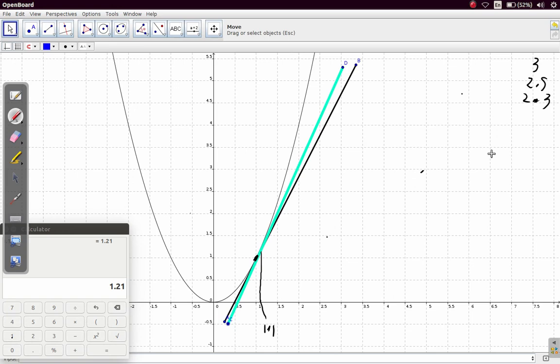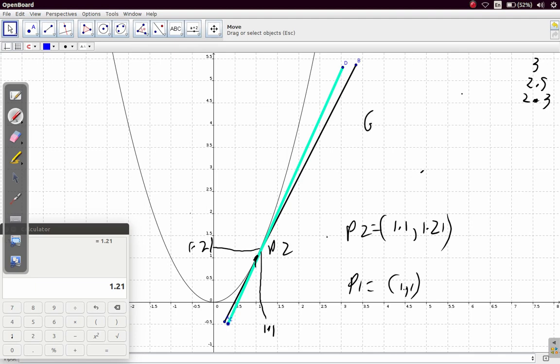So it would move over to 1.21. So this is our point 2, and our point 1 remains at 1, 1. So our point 1 is equal to 1, 1. Our point 2 is equal to 1.1, 1.21. What is the gradient here? It is y2. Remember, this is x2, y2, x1, y1.